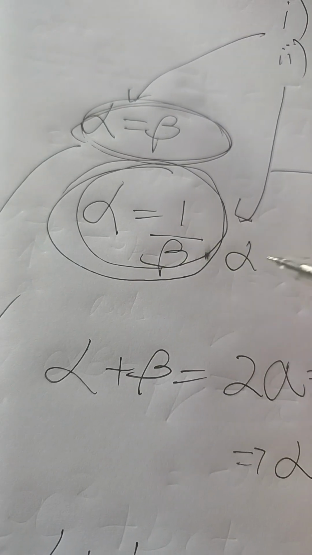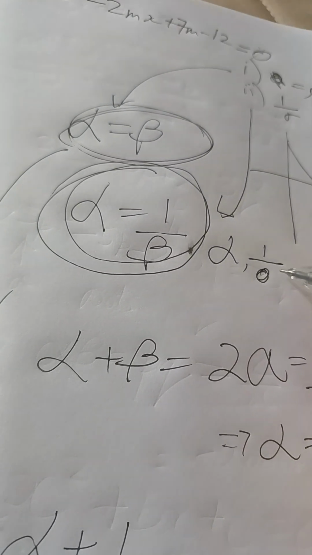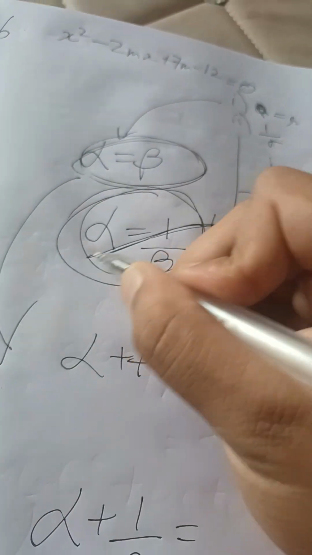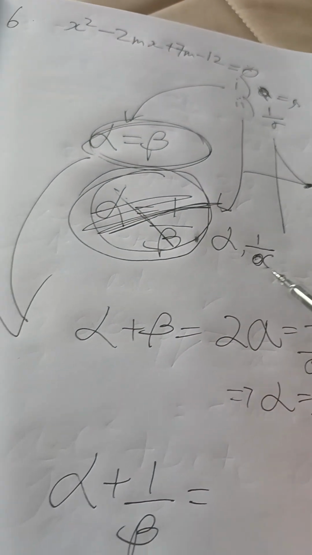It's just that the roots are alpha and 1 by alpha. So ignore this, guys. Alpha and 1 by alpha.